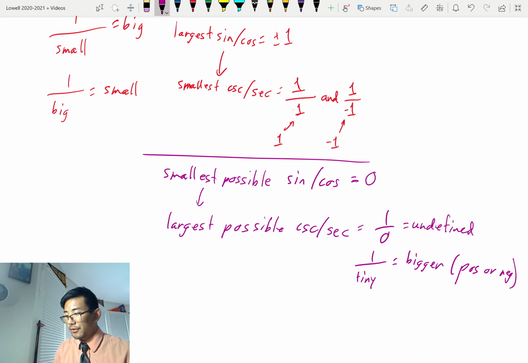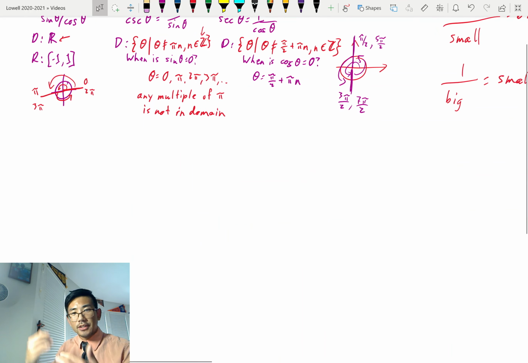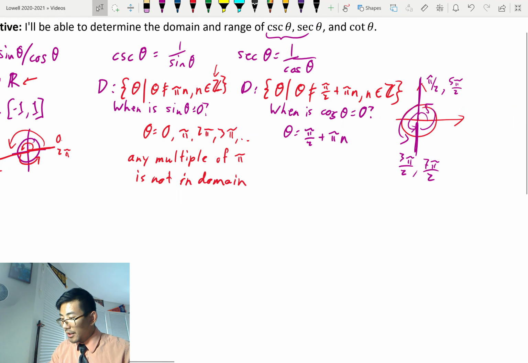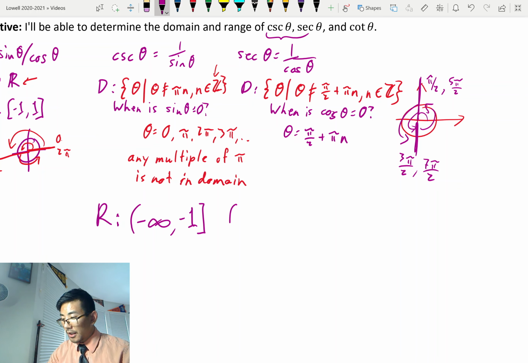And so for secant and cosecant, their ranges are kind of broken up. It's hard to talk about them without talking about the graphs, but I want to save the graphs for later. The range would be from -infinity to -1, and it could equal -1. And then it jumps.